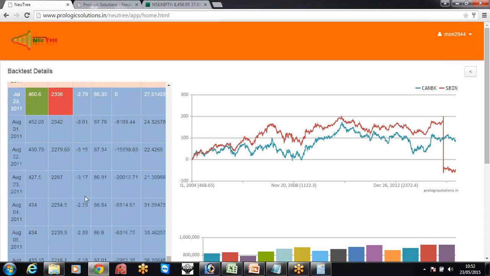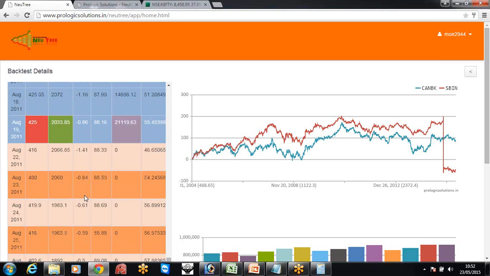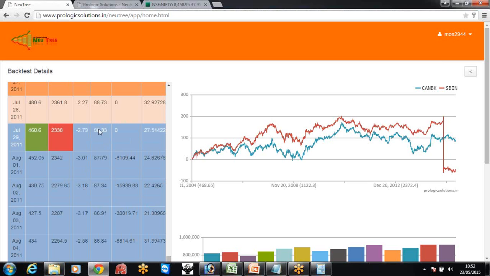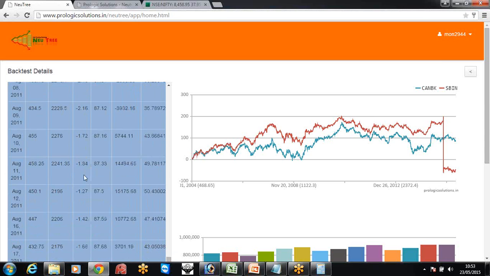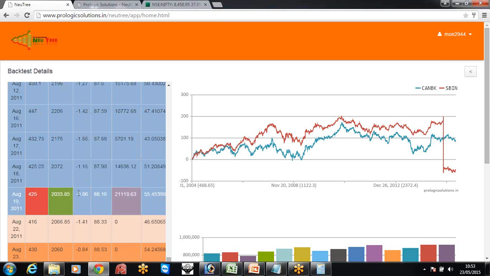This is a very small, short duration trade again. You can see buy and sell here. 2.7 went up to 3.1, a loss. You could have hedged it here again, and then it came back to 2.86, and 21,000 rupees is your profit.